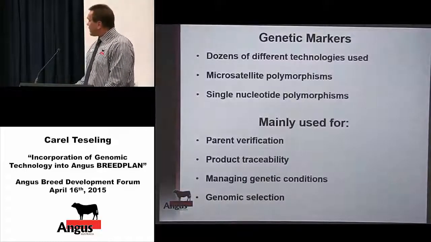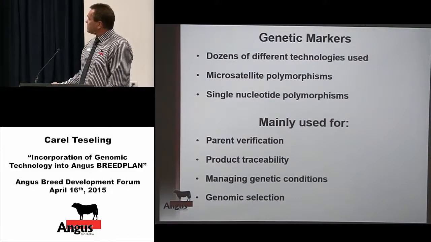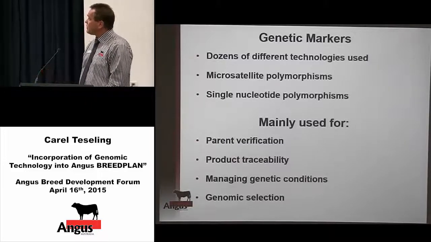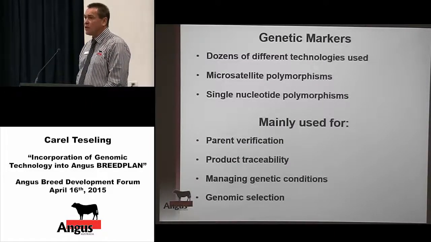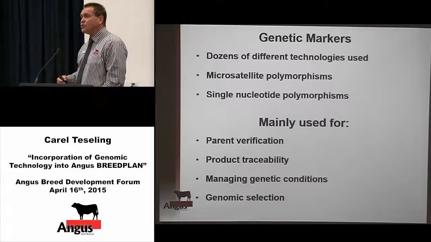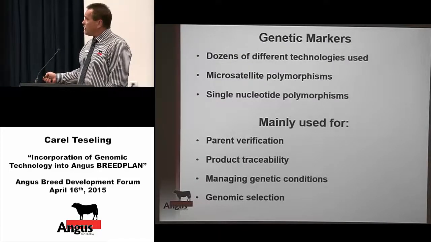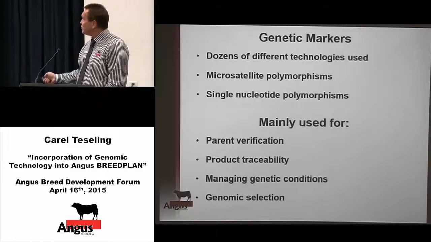So going back to DNA markers themselves, as I said previously, there are ways of identifying them, but there are also technologies that can be used. There are dozens of different technologies that can create genetic markers. The ones that we really know well, and Angus members would certainly know them well, are microsatellite polymorphisms.